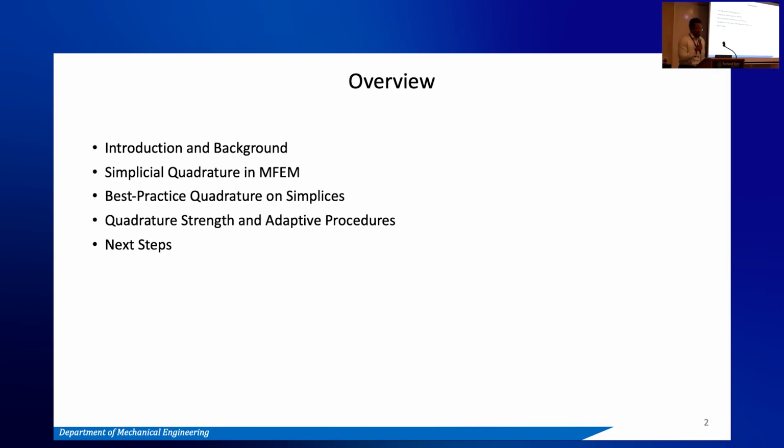Then I'm also going to be talking about what I think are the best practices for quadrature on simplices, and then talk about some more general topics related to quadrature when it comes to choosing quadrature strength and coming up with adaptive quadrature procedures. And then the last part is just open research problems that someone needs to solve. And also someone needs to find money to solve.